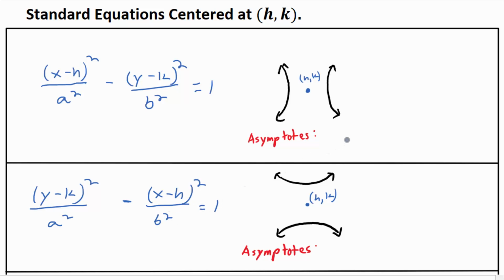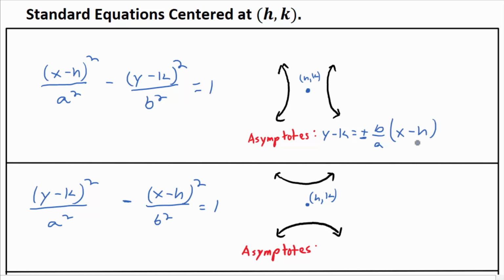And then as for the equations of the asymptotes, we know from a previous video that if the hyperbola opens horizontally, then the slope is either b over a or negative b over a. So to write both equations of both asymptotes all in one, you could take the slope to be plus or minus b over a, and then the left-hand side will be y minus k equals the slope plus or minus b over a times (x minus h).